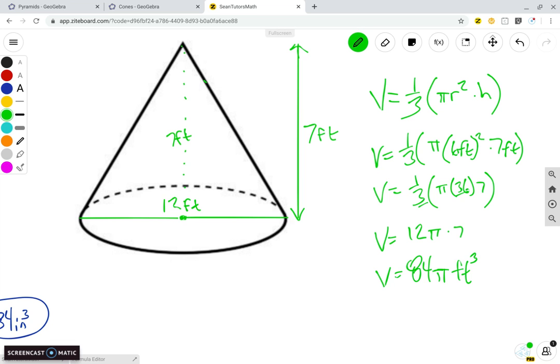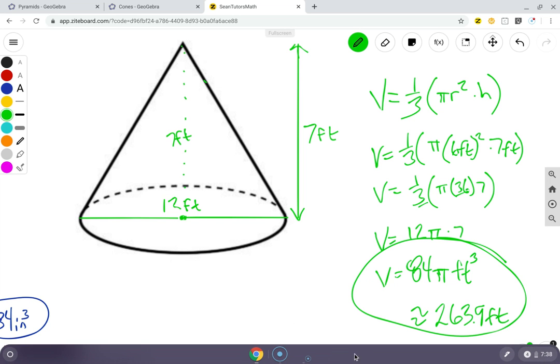So we could stop there if we want an exact answer, or we could punch out 84 times pi on the calculator and get an approximate, which comes out to 263.9 cubic feet. There we go. The cone is just 1/3 of the cylinder it fits in. So there you have it, the volume of cones and pyramids.